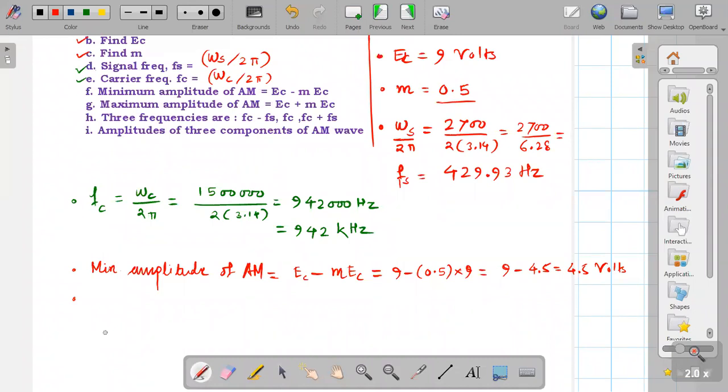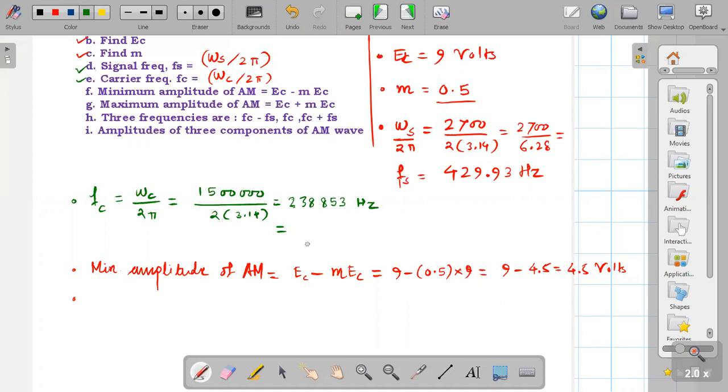What is your answer? 238.853. Is it correct?